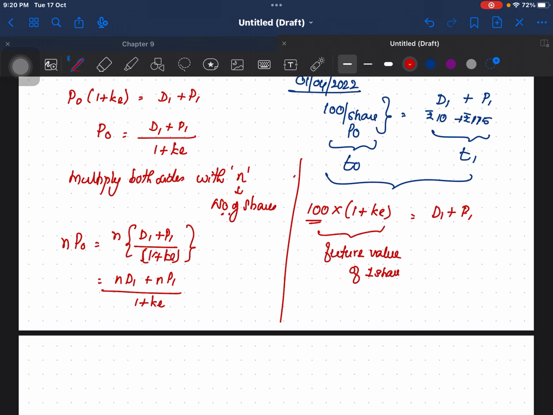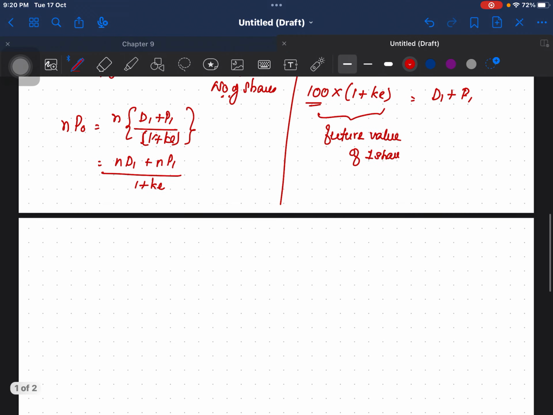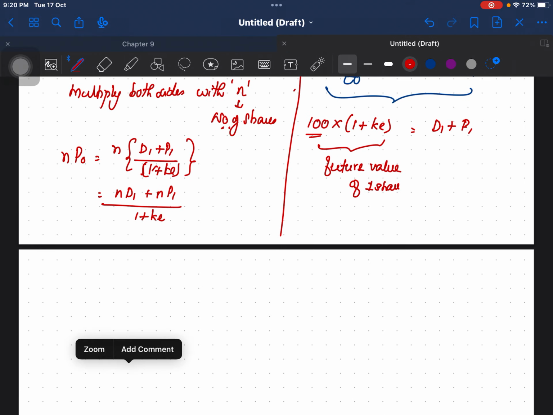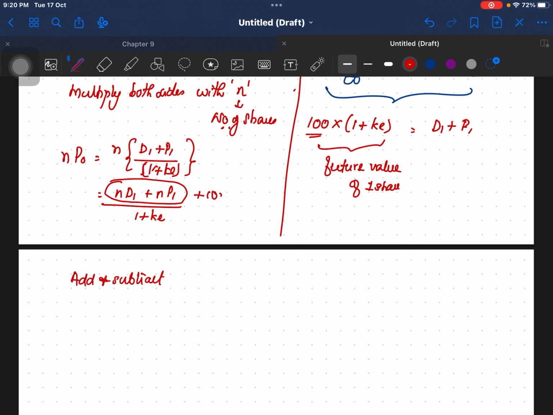Now I am going to add and subtract one value in this numerator. If you add, let's say, 100 and subtract the same 100, will it make any change? No, it will not make any change.